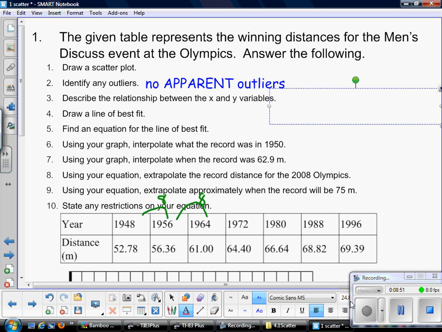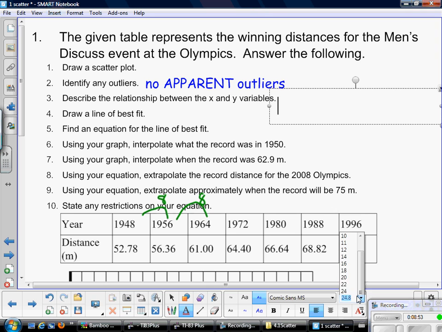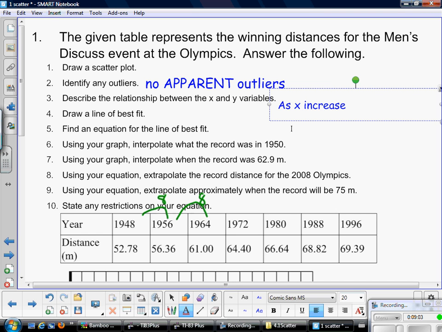I'm just going to make this a little bit smaller so I can fit more in. So I would say as x increases, y increases. And we'll say that it almost looks like it's linear.